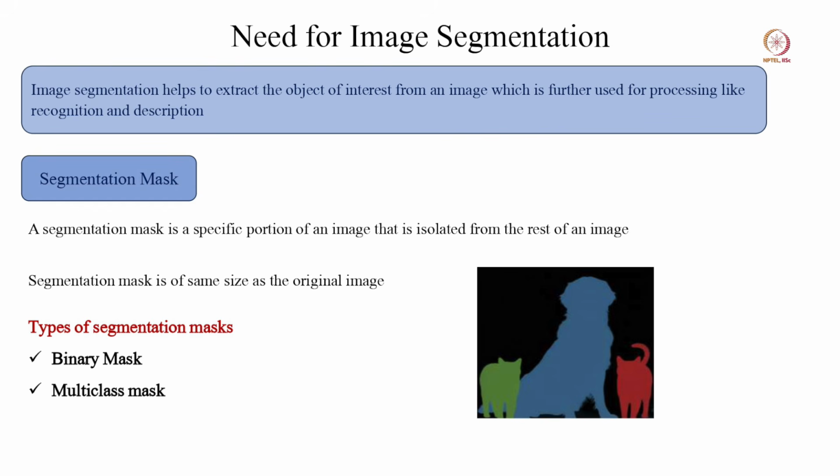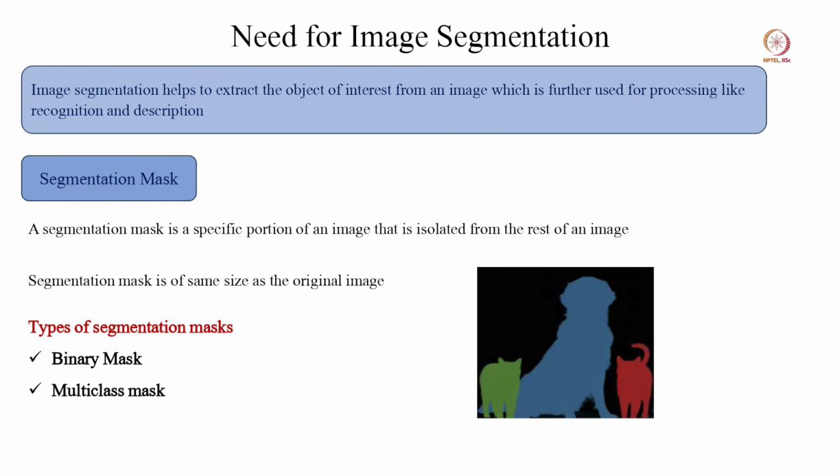You see the background is black, the dog is blue, and the two cats are green. The background pixels have a dark black color, the pixels of the dog have a blue color, and the pixels of the cats have a green color. This is the segmentation mask for the actual picture we saw in the previous slide.